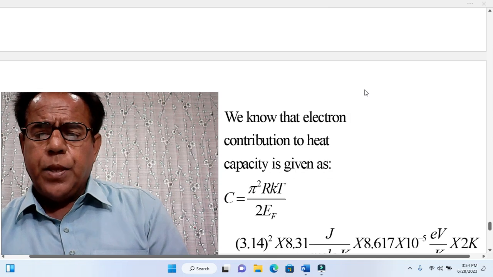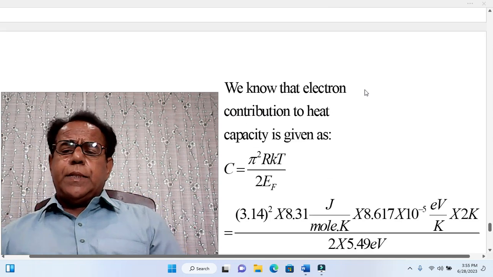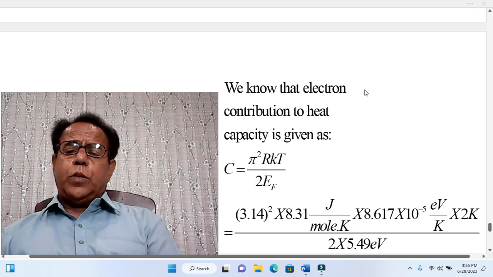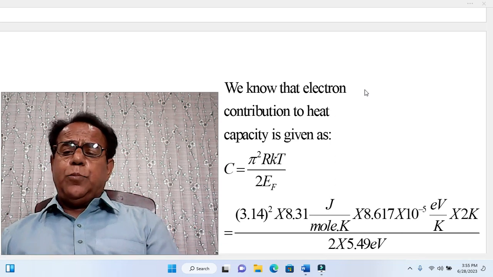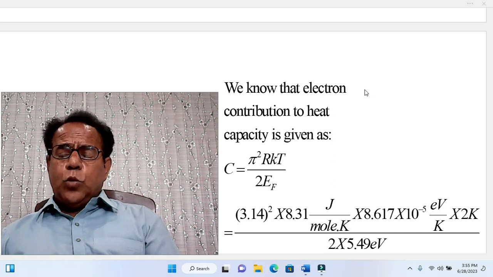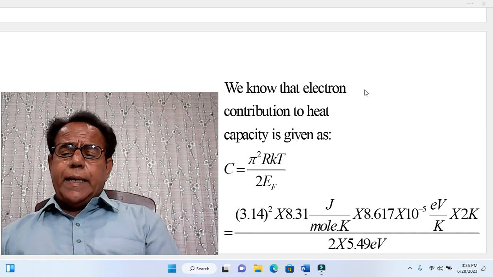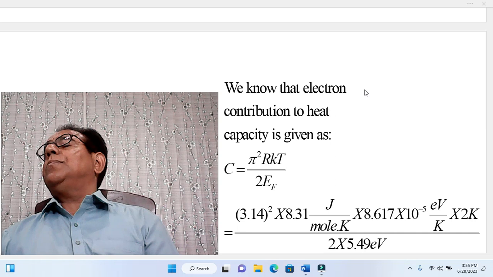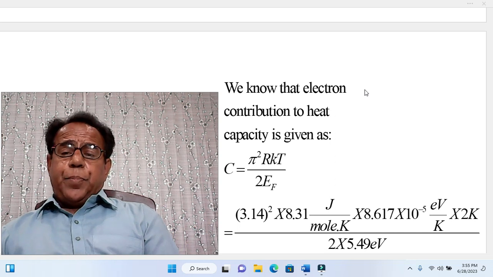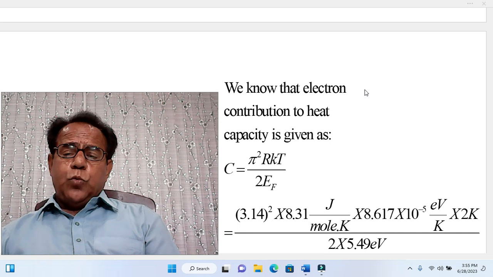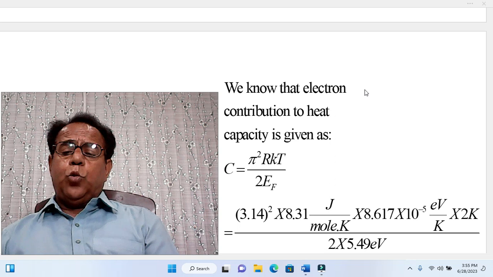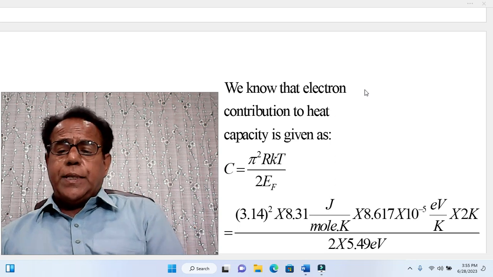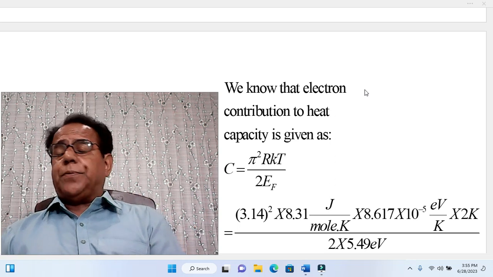Now we know that the electron contribution to heat capacity is given as C equal to pi square into universal gas constant R into Boltzmann constant K into temperature T over 2 into Fermi energy EF.